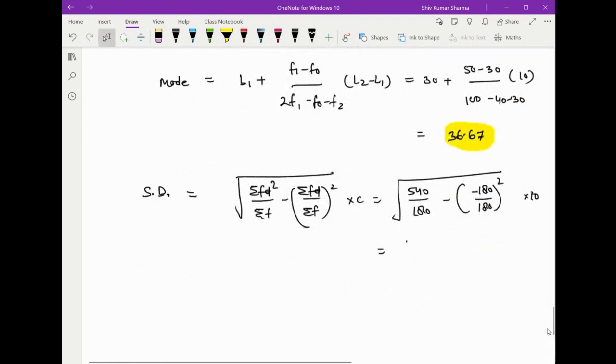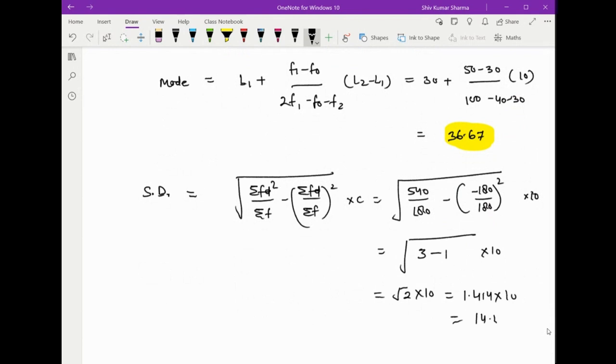So 540 upon 180 is 3. So 3 minus 180 upon 180, which is 1, minus 1 square is 1. So 3 minus 1, root 2, into 10. The value of root 2 is 1.414, into 10. So the standard deviation is 14.14.